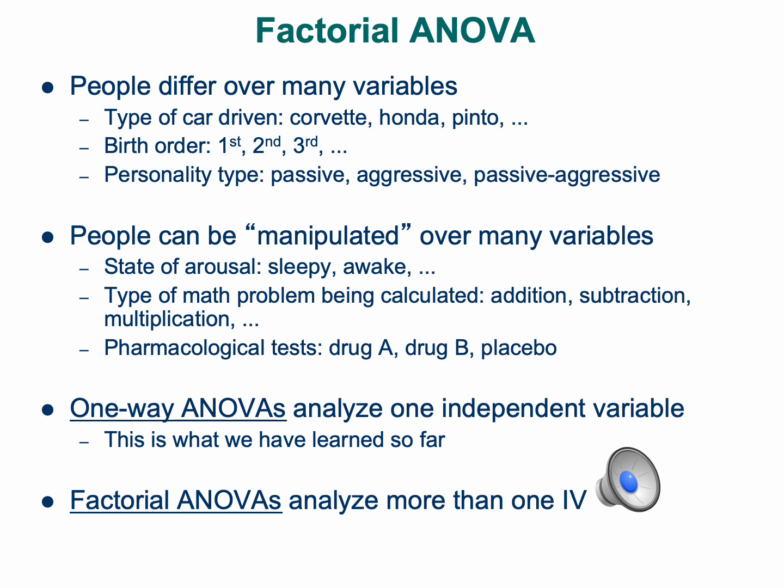Well, one-way ANOVA, the structural model, the one we've learned so far, analyzes one independent variable at a time. So we had birth order, as you recall, and leadership skill was our dependent measure. And we compared 3 birth order levels, and we had one independent variable.